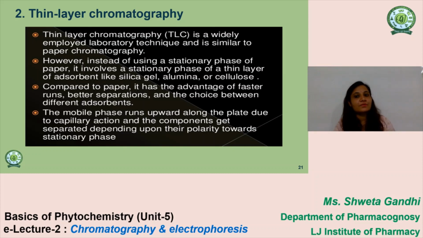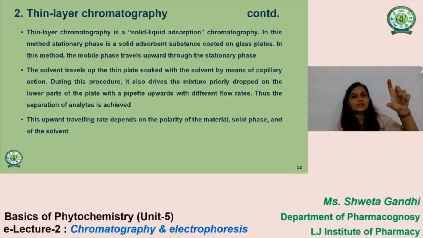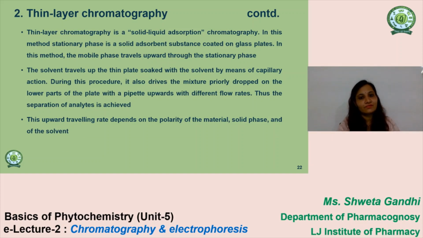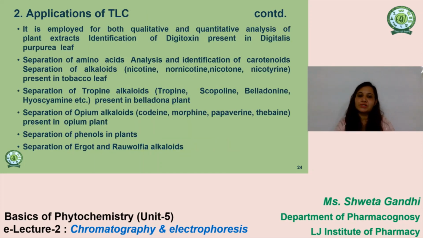Next is TLC. TLC, thin layer chromatography, is widely employed as a laboratory technique. Here we are using pre-coated TLC plates. This is solid liquid adsorption because we are using the stationary phase and the solvent run. This is the pictorial presentation of thin layer chromatography: retention factor, glass slides, saturation chambers.